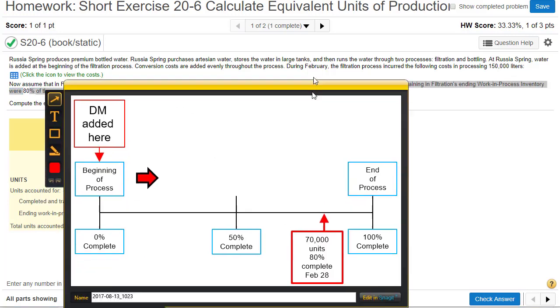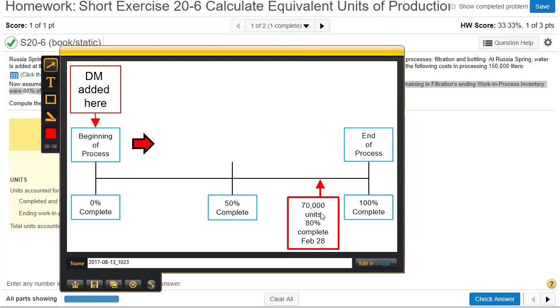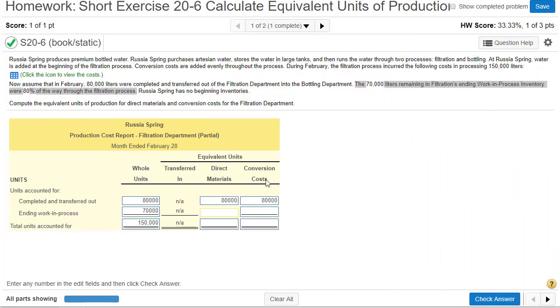So here at the end of the process, we had 70,000 units and they are 80% complete as of February 28th. So we had to figure out what percentage of these units have had the direct materials added to them. Well, since these 70,000 units are 80% done and direct materials are added at the beginning of the process, then all of these units have had the direct material, water, added to them. So the percentage we use is 100%. So 70,000 times 100% means we've got 70,000 units with all of the direct materials added.